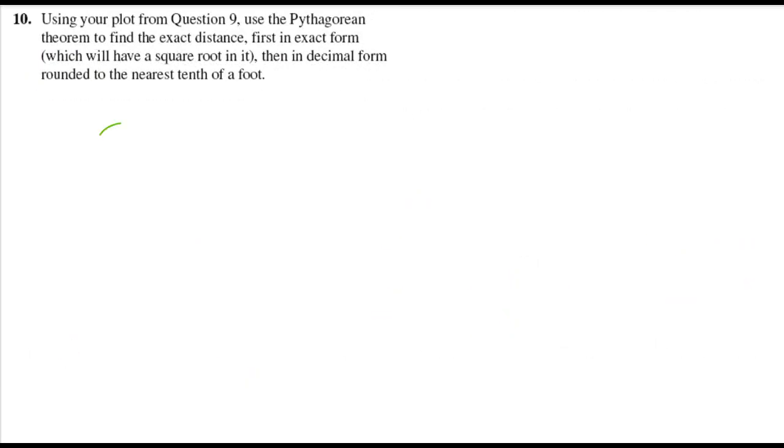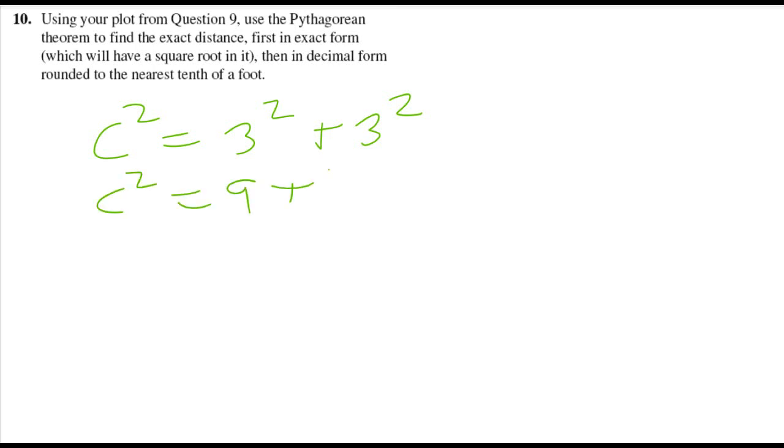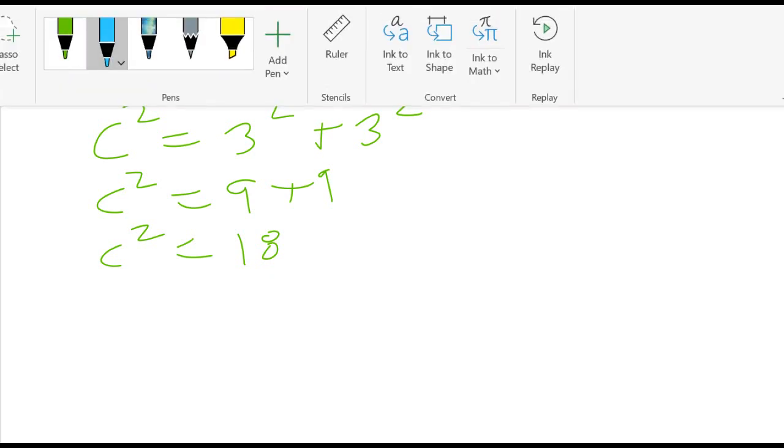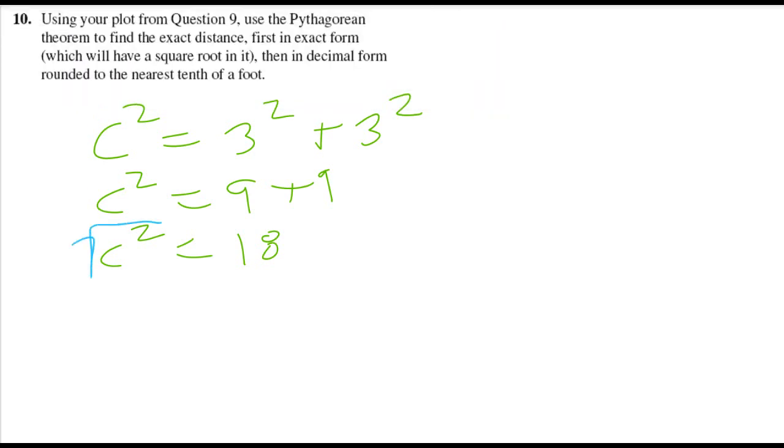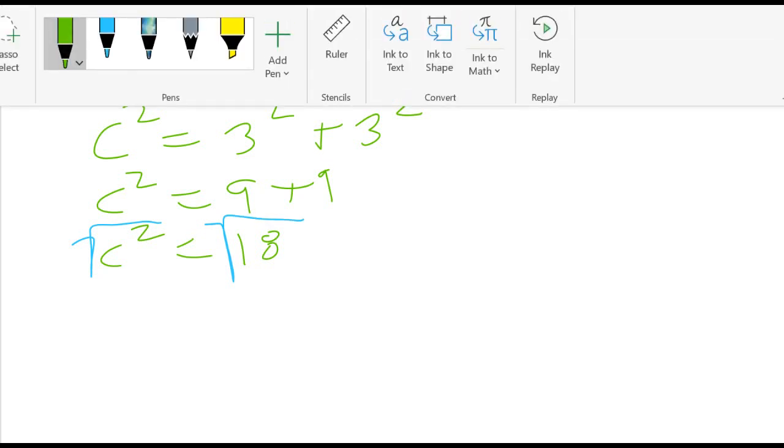So we have c squared equals 3 squared plus 3 squared. C squared equals 9 plus 9. C squared equals 18. And doing the same thing to both sides, I take the square root of c squared to give me c.